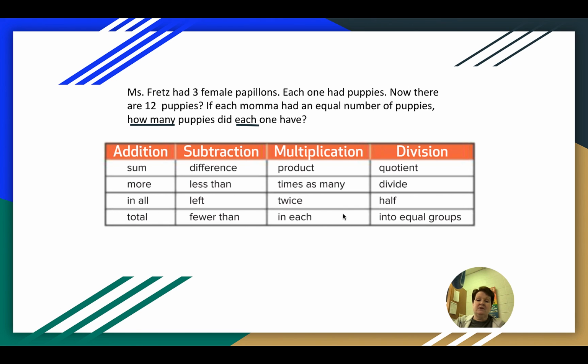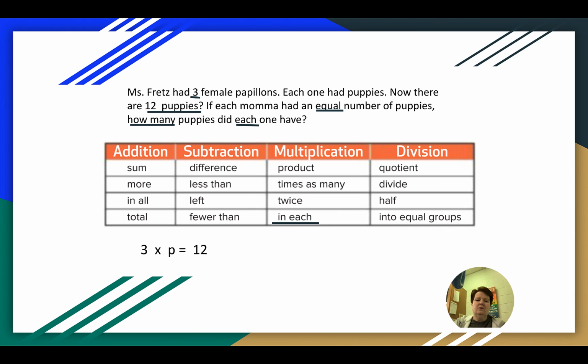Each tells us that we're going to be doing multiplication. And equal tells us that we can also do division. So you have to choose which one works best for you. So we're going to use the words 3 and 12, and of course include puppies because word problems must be labeled.